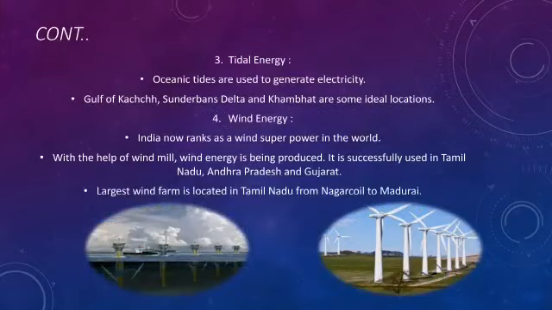India now ranks as a wind superpower in the world. With the help of windmills, wind energy is being produced. It is successfully used in Tamil Nadu, Andhra Pradesh, and Gujarat. The largest wind farm is located in Tamil Nadu from Nagercoil to Madurai.